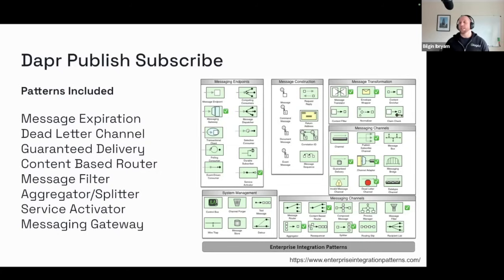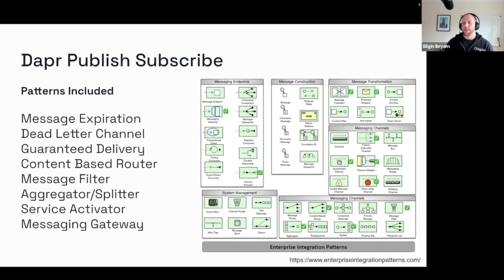Guaranteed delivery, Dapr can do that by using a message broker with a persistent store and using at-least-once delivery guarantees. Content-based router basically allows you to route messages to different service paths. And with Dapr, you can use a common expression language to route or filter messages to different paths.